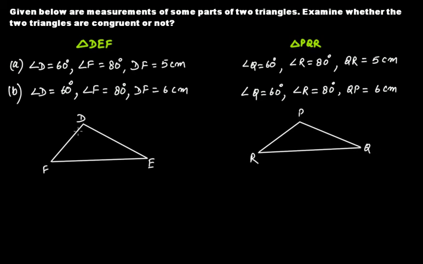Okay, this angle D is, in this case, the first one is 60 degrees, angle F is 80 degrees, and DF is 5 centimeters. Then angle Q is 60 degrees, angle R is equal to 80 degrees, and QR is equal to 5 centimeters. Okay, now see properly.